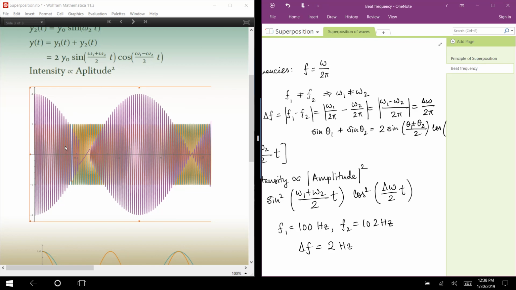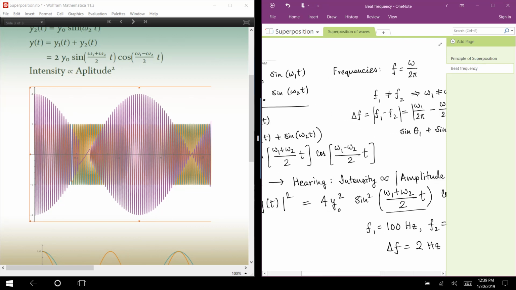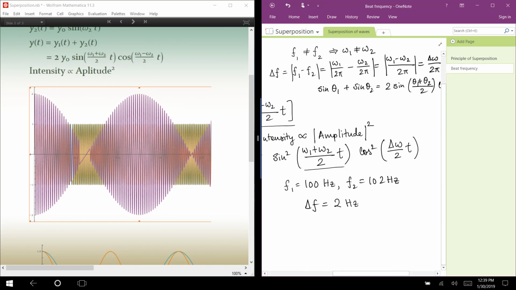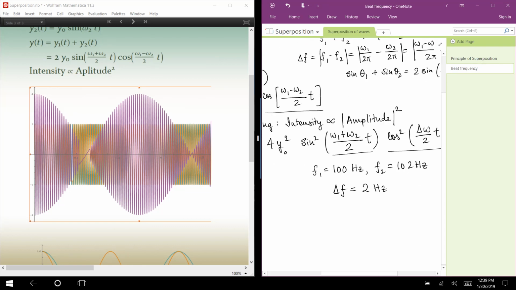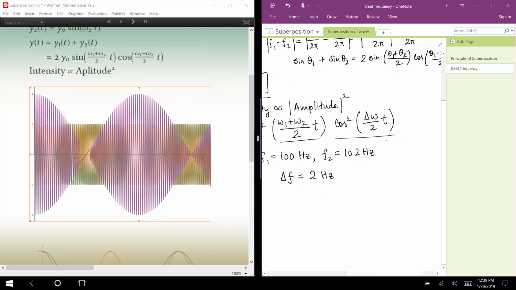Essentially, the fast, rapid oscillation inside corresponds to this (omega 1 plus omega 2) over 2 t, and the overlying envelope curve is this cosine of delta omega divided by 2 times t, right? So that's the overlying envelope curve. Okay, so now what is the frequency of this? Because we're hearing the amplitude squared, what is the frequency of that?